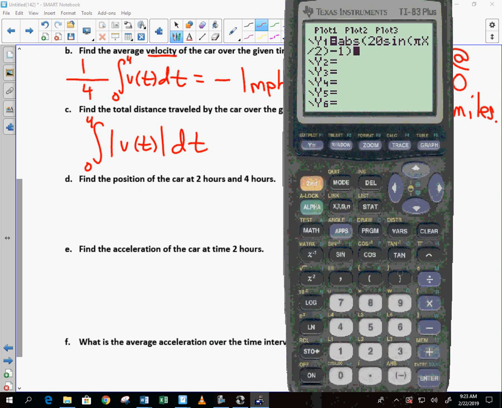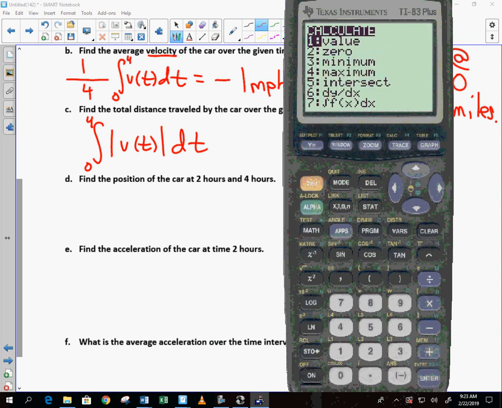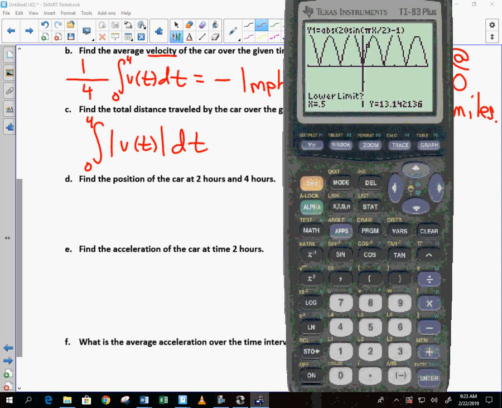Put the absolute value around the whole piece. That way when I graph it, nothing should drop below the x-axis. Second, delete. Kind of fun to watch, isn't it? Second, calculate. Number 7. Going from 0 to 4.